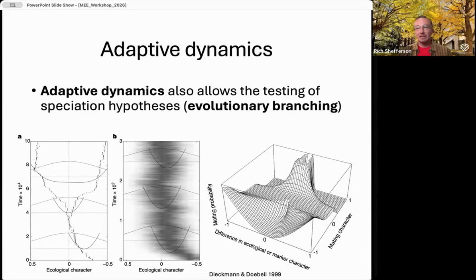For me personally, adaptive dynamics originally was about trait evolution, but my interests right now are in adaptive speciation. And for those of you who aren't familiar with this body of literature, I would encourage you to look at it. It's really fascinating. The idea here is that sympatric speciation could result from frequency-dependent selection.